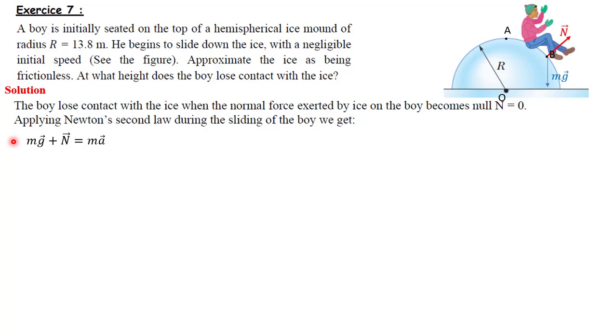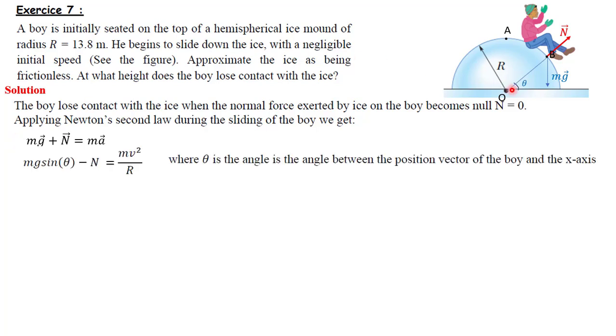But before, let's define the angle theta as the angle between the position vector OB and the horizontal axis, the x-axis. So this is theta. So now we want to project mg plus N equal ma on the normal unit vector. The normal unit vector is a unit vector which is directed toward the center of the circle.